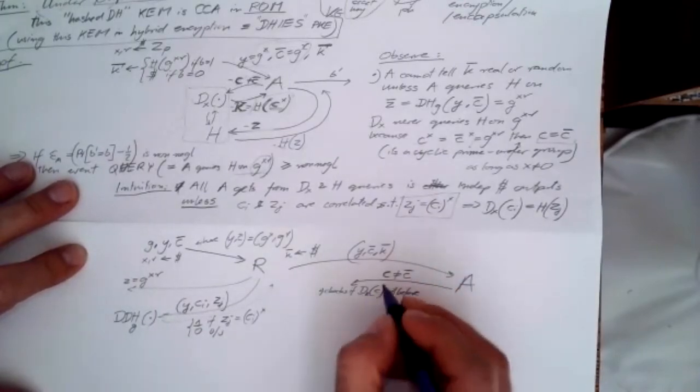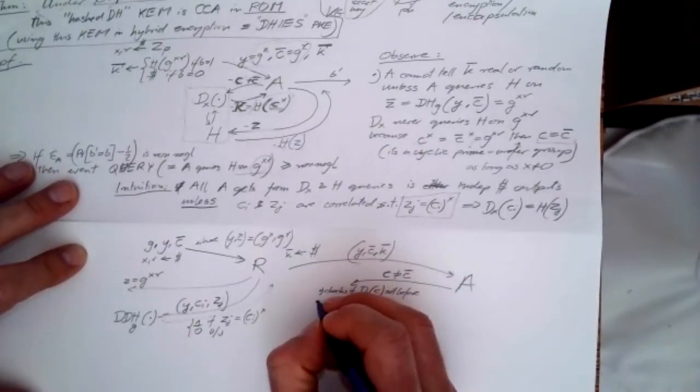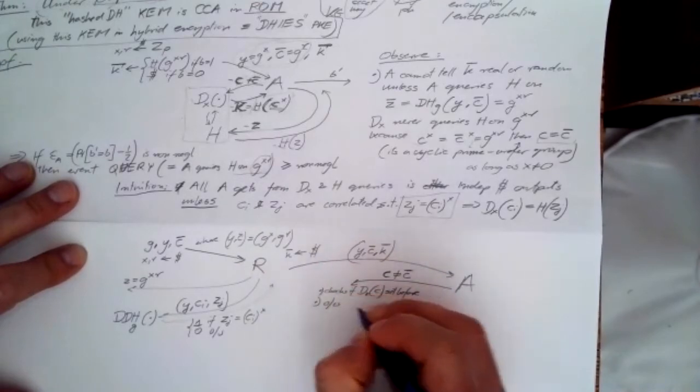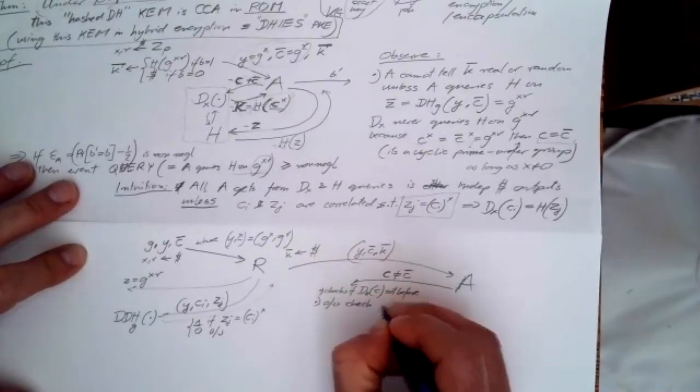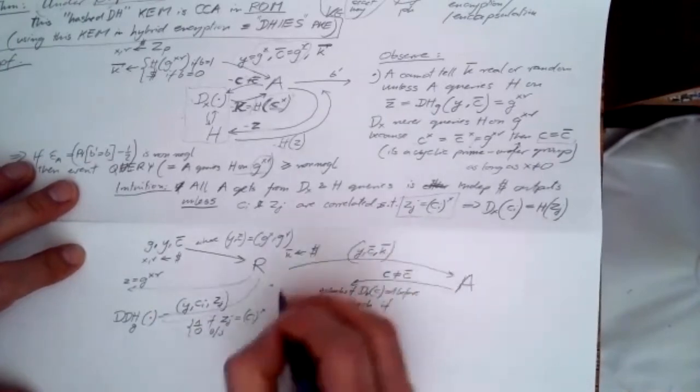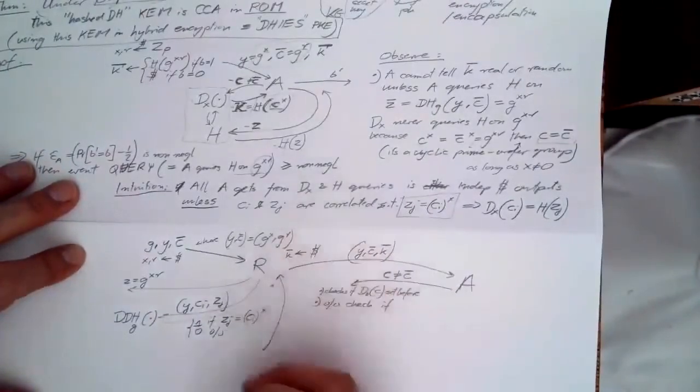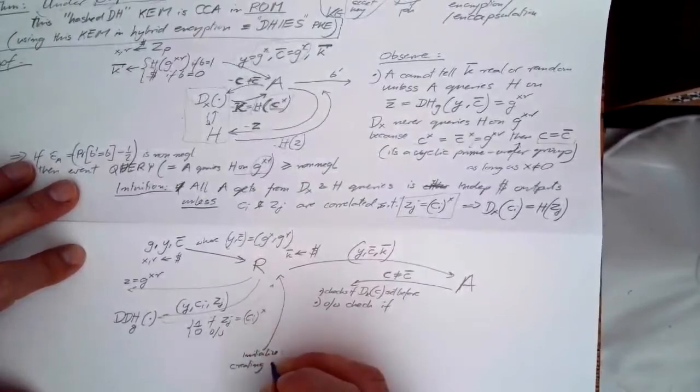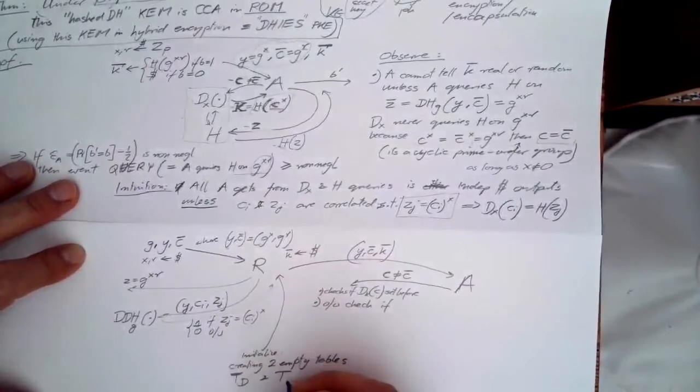Obviously, when it was set, just answer the same thing. Otherwise, this reduction is going to initialize by creating two empty tables, the table for the decryption queries and the table for the hash queries.